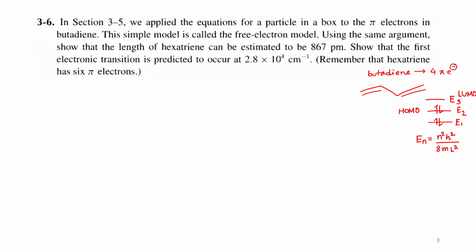But here the box is a conjugated molecule, so we need to get the length of this molecule, right? There comes an interesting thing, why we are discussing this question. So first of all, see what the distance is. This is the case for butadiene, right?